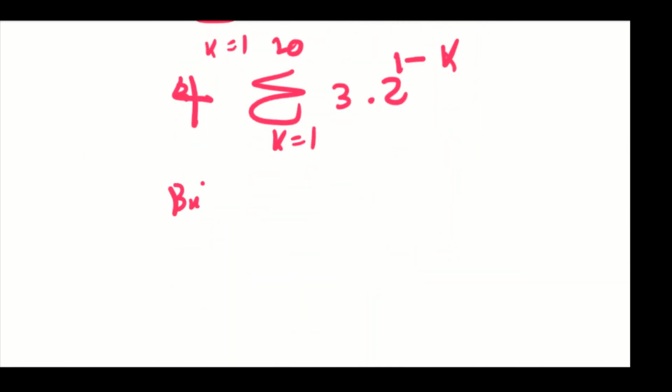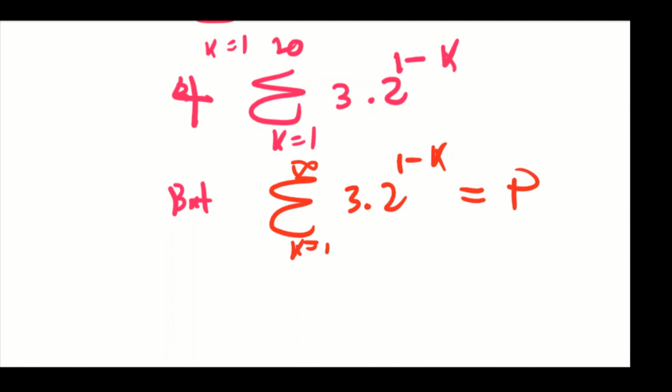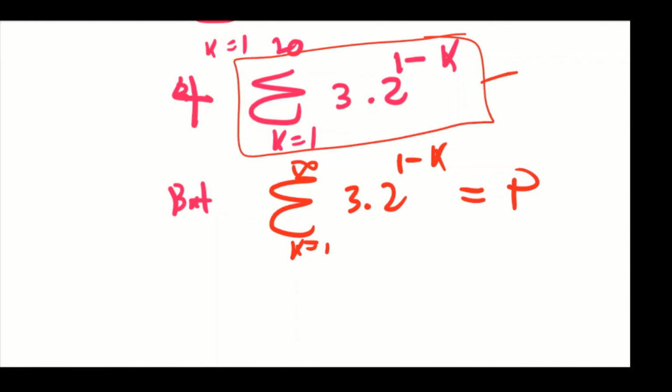But remember that the sum when k is equal to 1 of 3 multiplied by 2 to the power of 1 minus k is actually equal to p. Since that is only this portion in this equation, you can equate it to p.